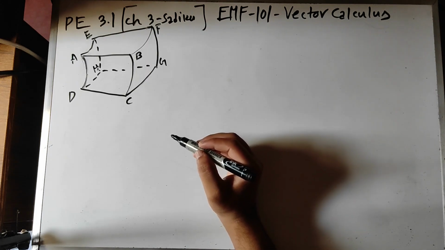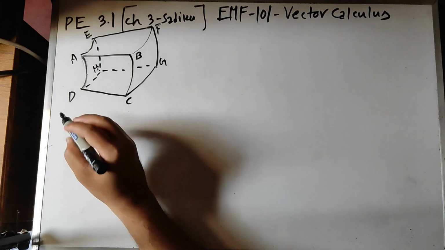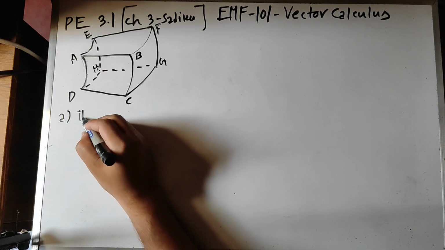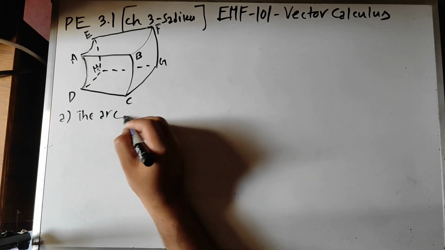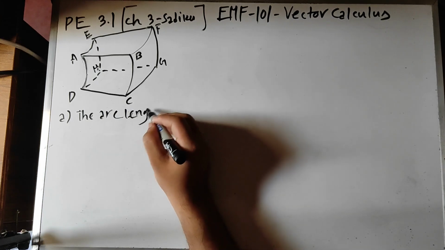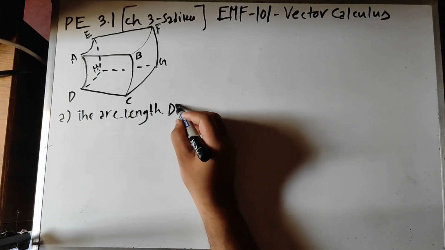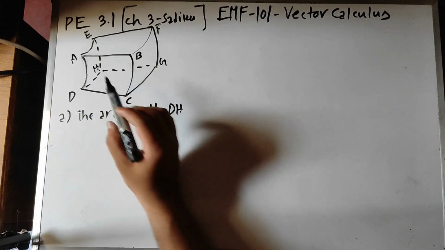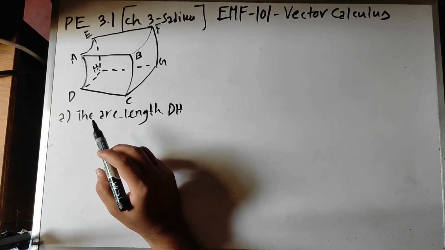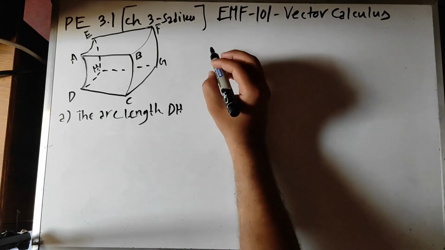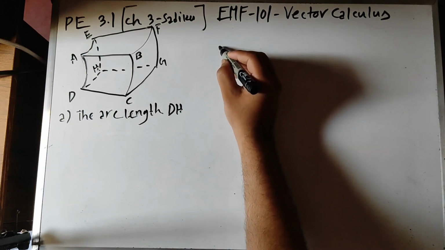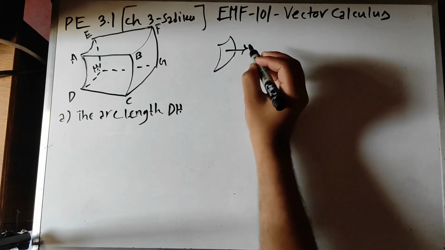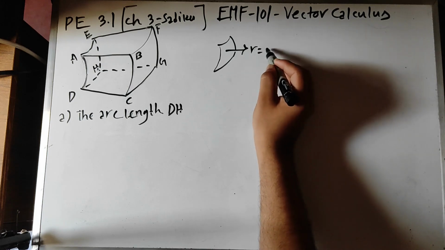Coming back to the question, the first question is the arc length. We have to find the length of DH. We know that the surface r equals 3 is this whole surface, AEDH.